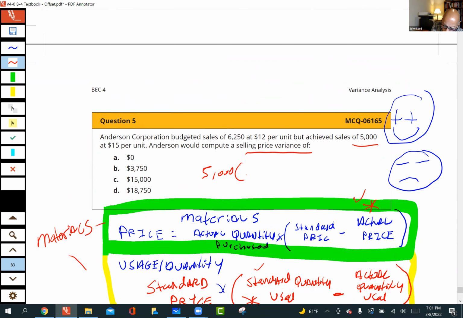The budgeted sales were $12 per unit, and this is the exception, guys, where for my sales variances, I put the actual first, then the standard, because we want to sell for more. So it's the $12, and then $15 was the actual price. So they're selling this stuff for more. So it's 5,000 actual units sold times the $3 is where we got the 15,000.